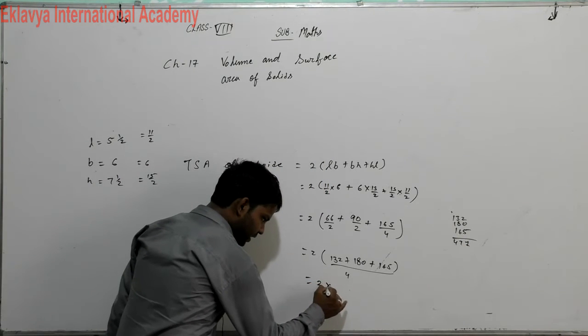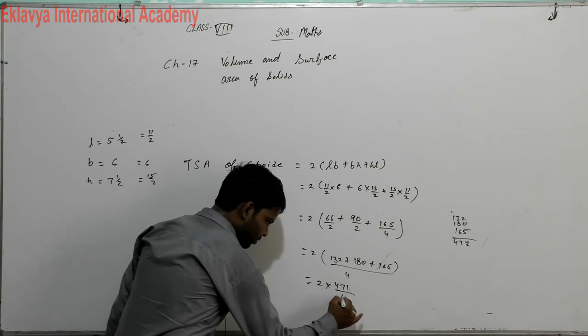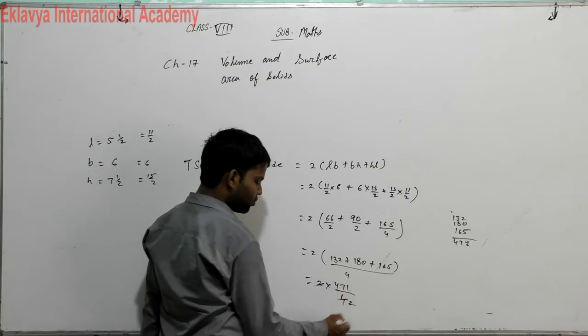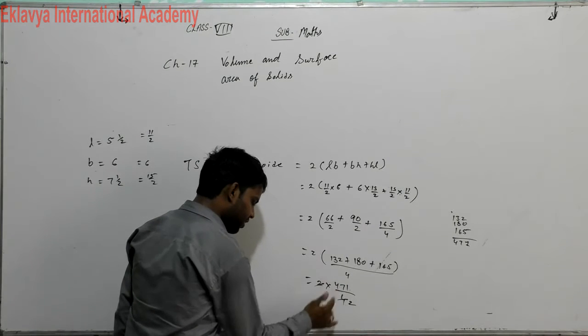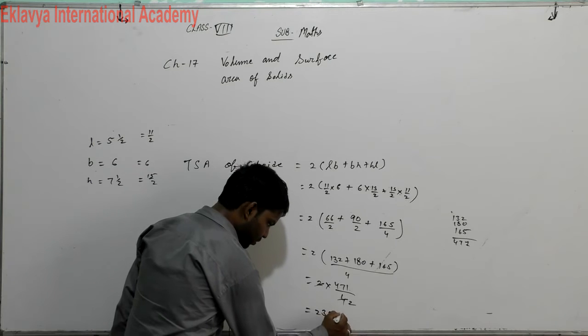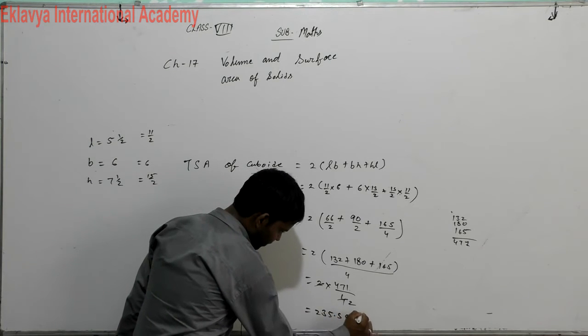Then we get 2 multiplied by 471 upon 4. Now, if we cancel out by 2, then 2 twos are 4 and divide by 2, 2 twos are 4, 2 threes are 6, 2 fives are 10.5 centimeter square.